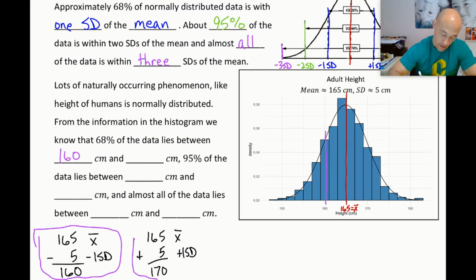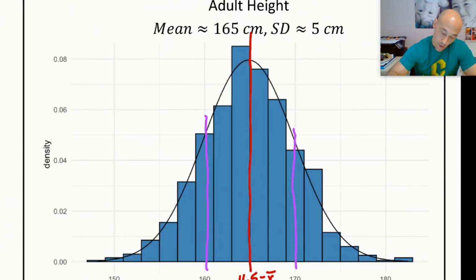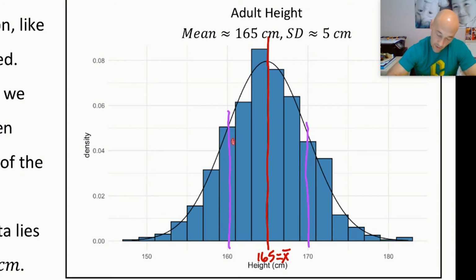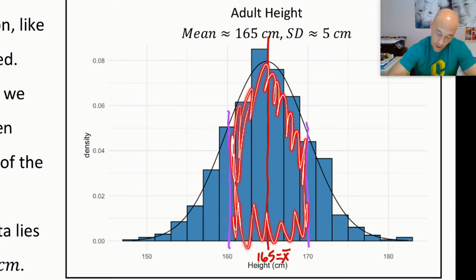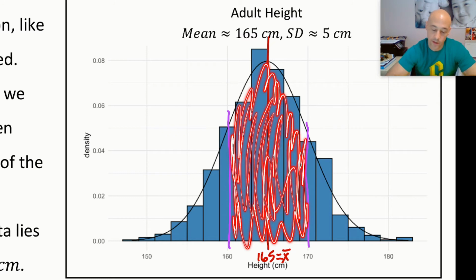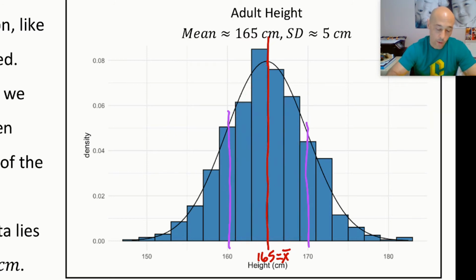So again, we know that 68% of the data goes from one standard deviation below the mean up to one standard deviation above the mean. So that right there is about 68% of the data, almost 70%.